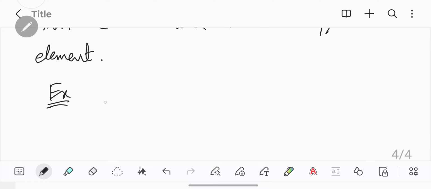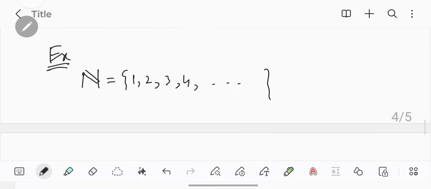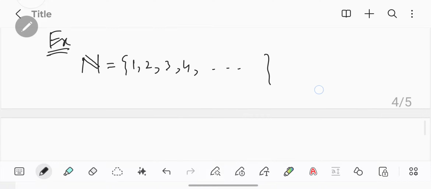Here is an example. If you take the set of natural numbers 1, 2, 3, 4, 5, 6. Okay, we will talk first about the binary operation multiplication. Let multiplication be the binary operation.